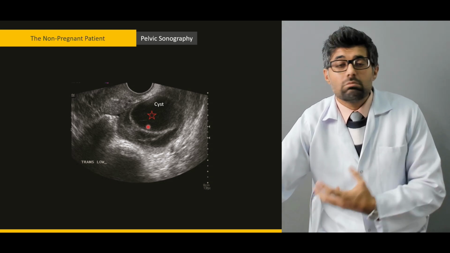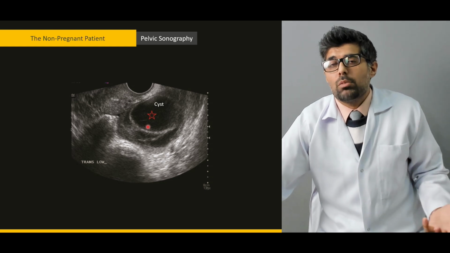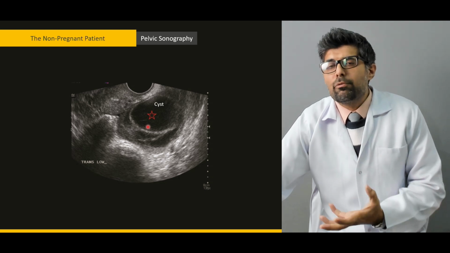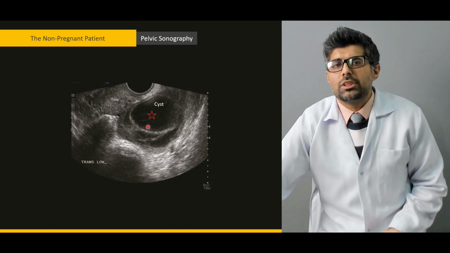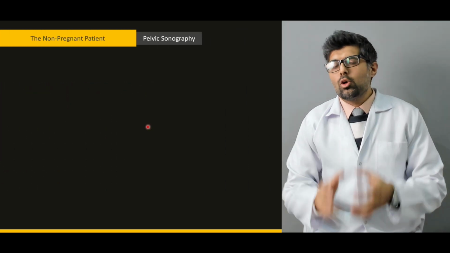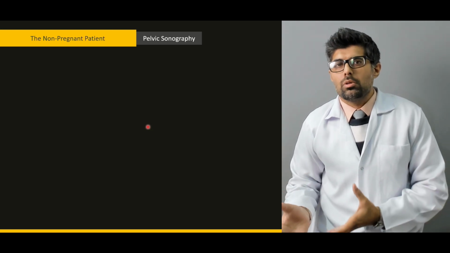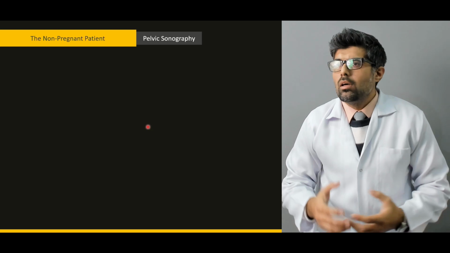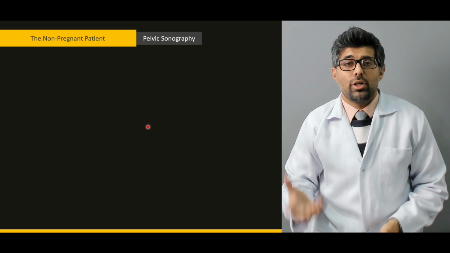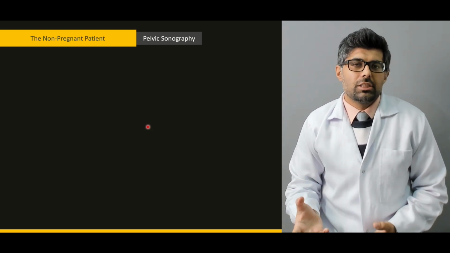That fluid can be encased in a simple cyst, or it can be free fluid due to metastatic disease. Another cause of acute pelvic pain in a non-pregnant patient might be pelvic inflammatory disease, ovarian torsion, or hemorrhagic cysts.